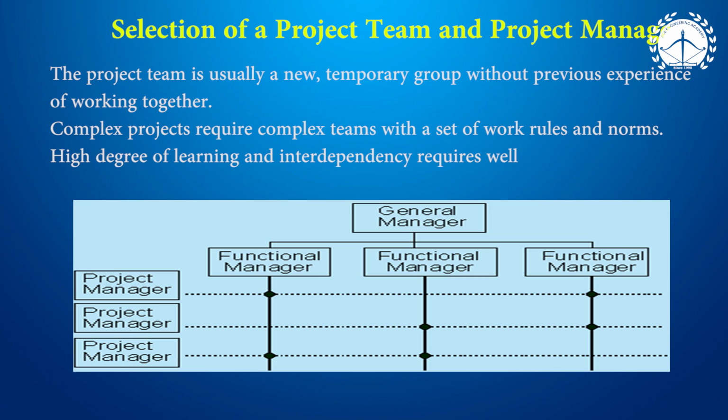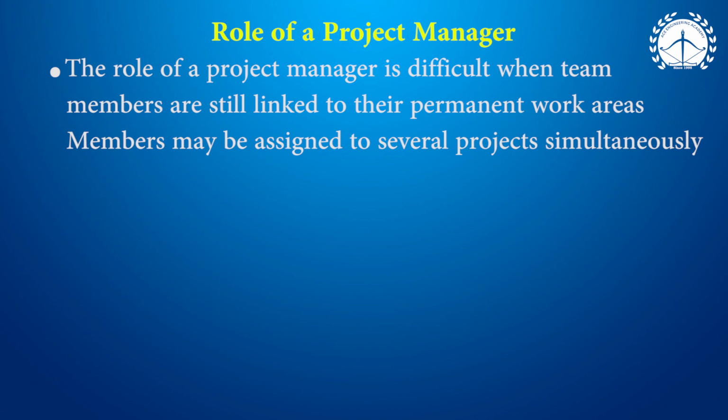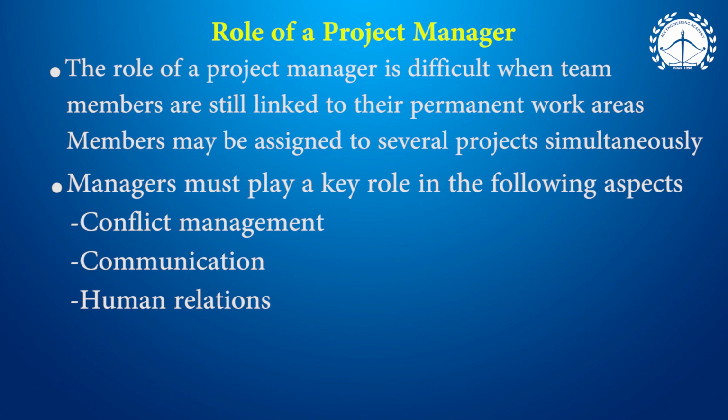However, the project manager should have good leadership qualities, so he can manage all these people. And here when you see the role of manager, the manager has to handle 3 issues. So we can call it as conflicts. He has to resolve them. We can call it as conflict management. He must have good communication, and human relations he has to maintain.